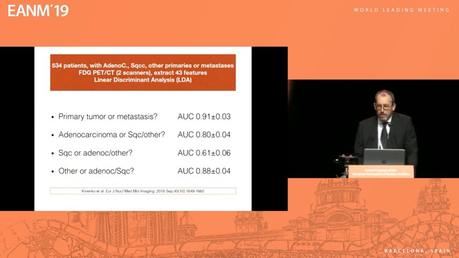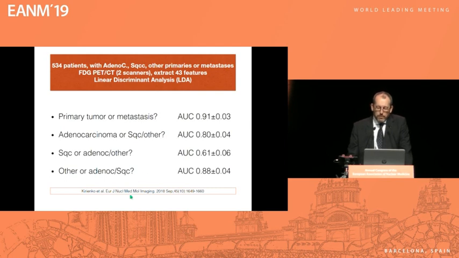And here the group in Milan performed a series of very nice experiments. In this case, they studied over 500 patients that had either adenocarcinoma, squamous cell carcinoma, other primaries, or metastases. They extracted 43 features, just as Dimitris explained to you a few minutes earlier.